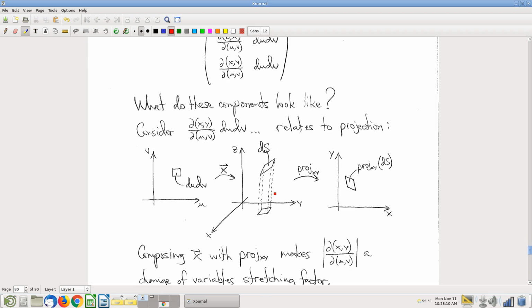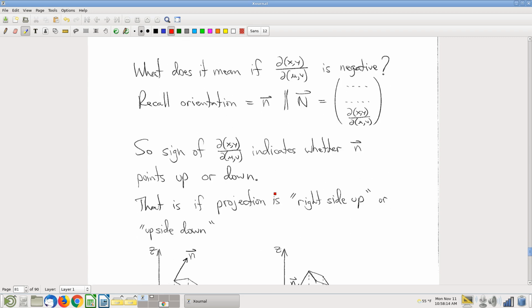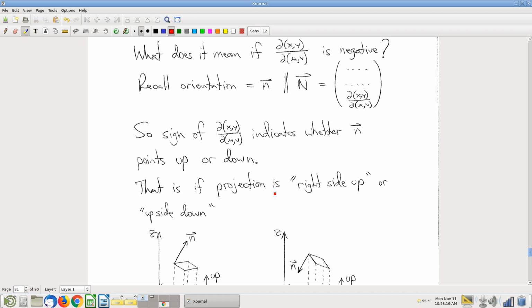Is that what is going on here? It turns out, yes. Again, you have to look at the picture the right way, but let's not forget where these things come from. This dx, this partial xy, partial uv. That thing, if it's negative, don't forget it's the third component of your capital N vector. That means it's telling you about which direction your orientation points.